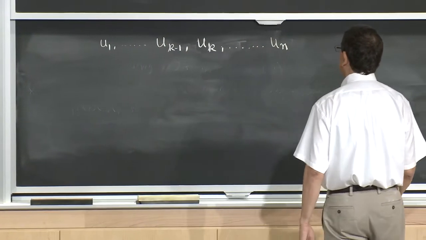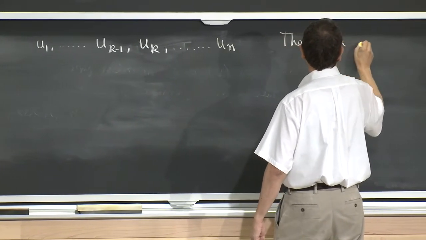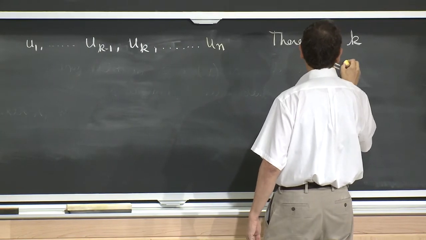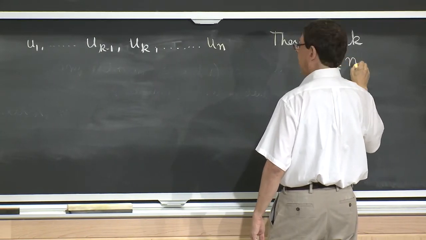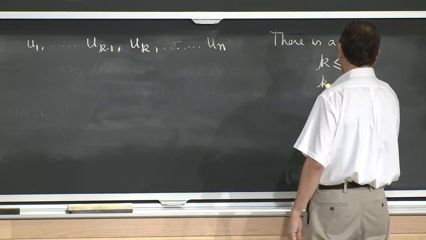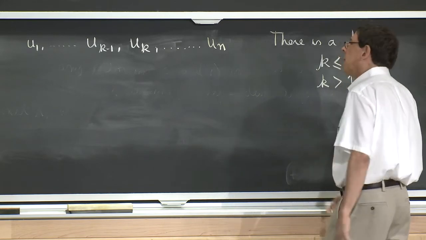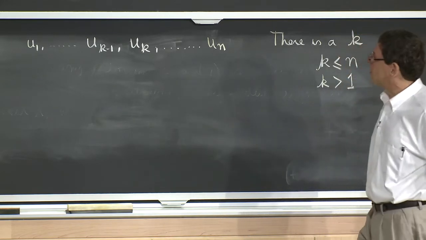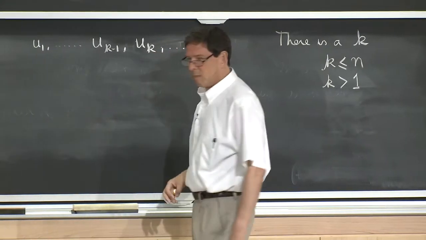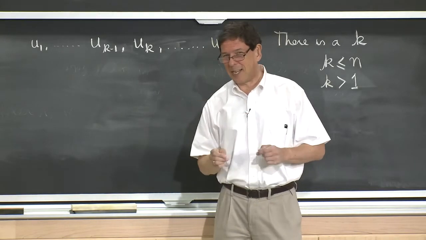I will say there exists a k with k less than or equal to n and k greater than 1, where the following happens. You see, this is the list of all the vectors. We're assuming it's not linearly independent.